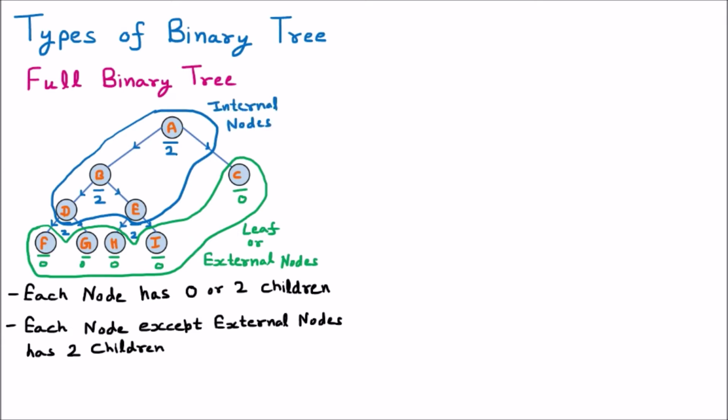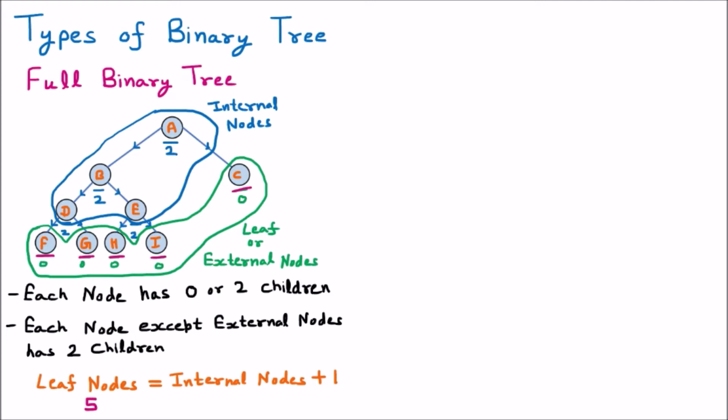Here we can derive one formula: leaf nodes is equal to internal nodes plus 1. The leaf nodes are the external nodes. If we count how many leaf nodes there are, 1, 2, 3, 4 and 5, so there are 5 leaf nodes.